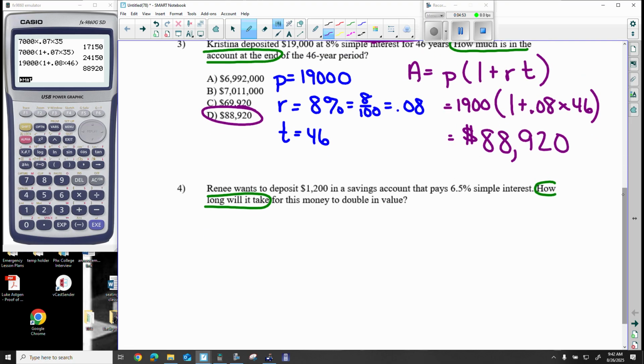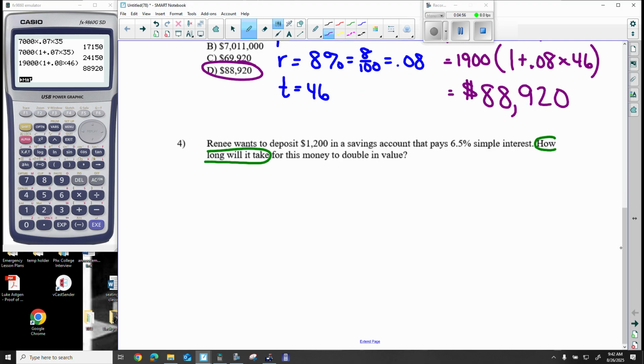All right, and last but not least, how long will it take? So time is the question. All right, so we see that we deposited 1,200 and we have the rate of 6.5%.